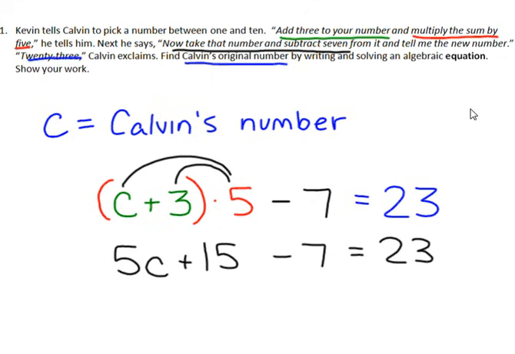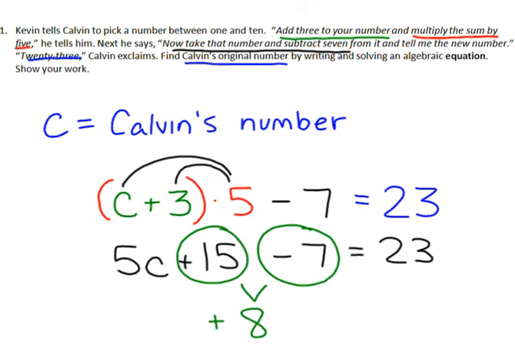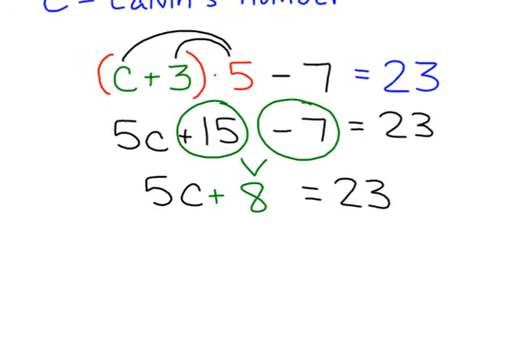Okay, next I'm going to combine the constant terms. So I have positive 15 minus 7, or positive 15 plus negative 7, which would be positive 8. I'll go ahead and bring down everything else. 5C plus 8 equals 23. And now it looks like a regular two-step equation.